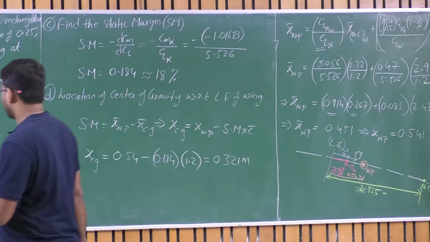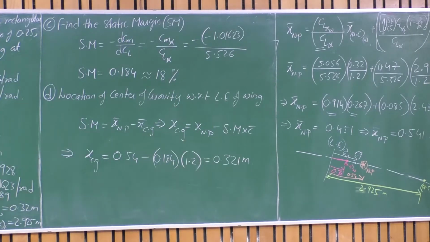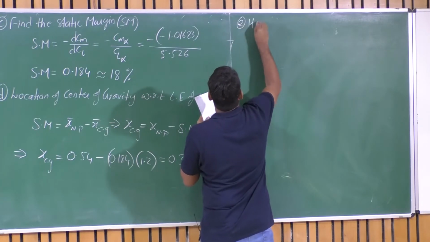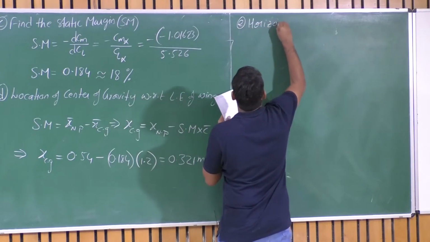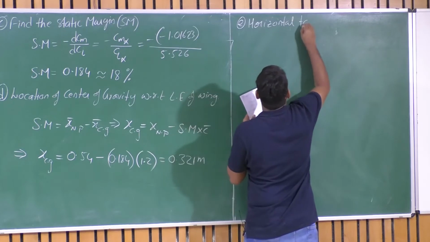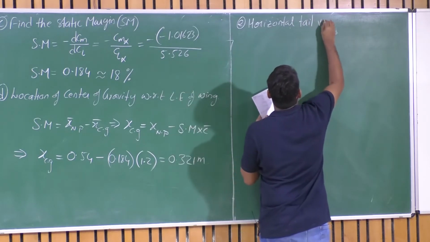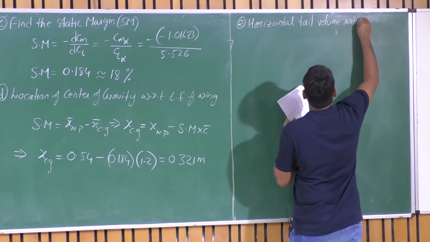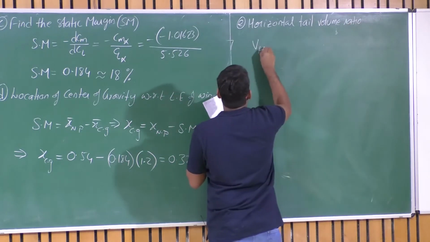Okay. So let's go ahead and solve this problem. Horizontal tail volume ratio. So what is horizontal tail volume ratio? We need to solve for horizontal tail volume ratio. So we know VH, right?